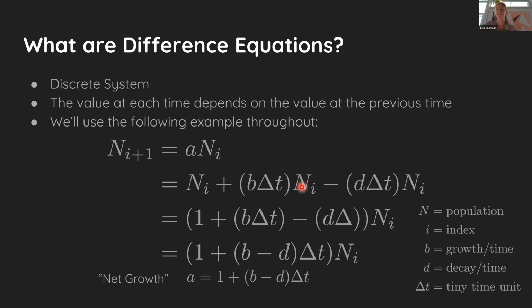And similarly, d Δt is a death rate. And then the rest of the slide, we just go through some algebraic manipulations and end up writing it so that we have a fixed or a very explicit form for the coefficient a. So we converted a into this a little bit longer, but more descriptive way of writing that coefficient.